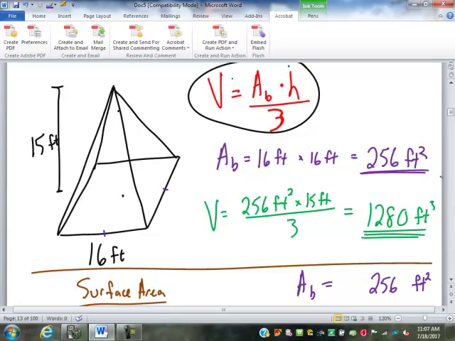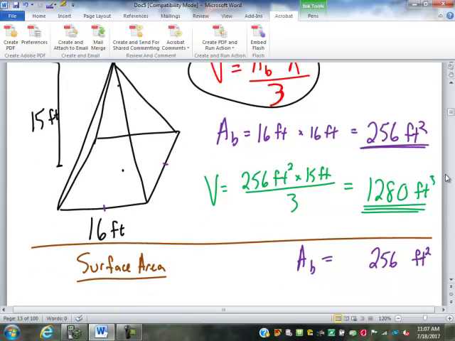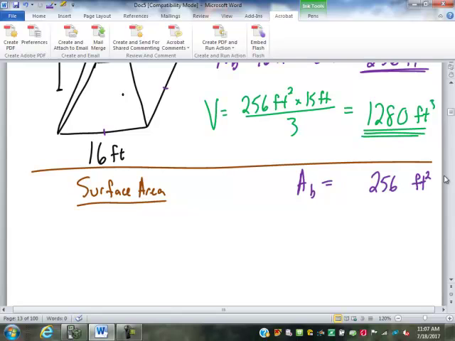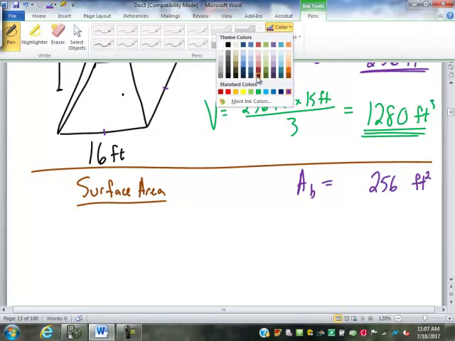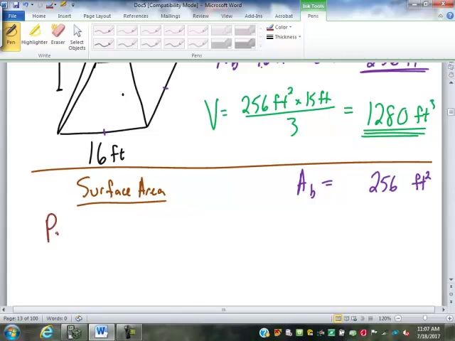Exactly. There's not another square on the other side of this, on the other end of this thing. So the area of the base only comes in once. We still have to find the perimeter of the base. (16 feet plus 16 feet plus 16 feet plus 16 feet), which will be 64 feet here.